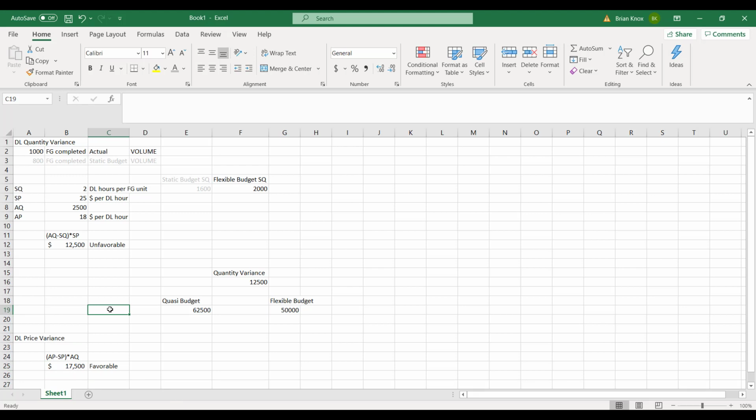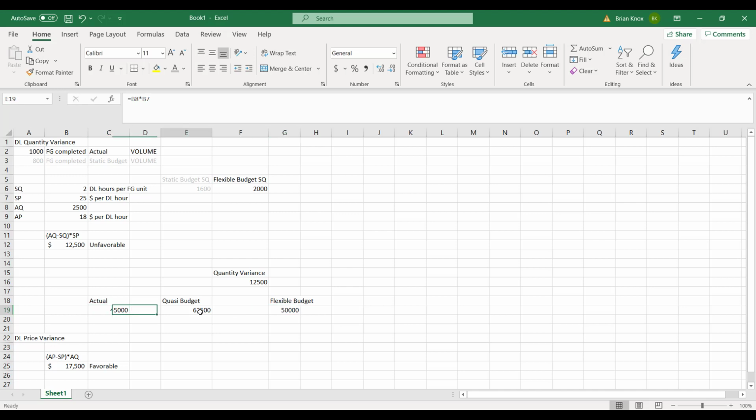We can also, like I was drawing with my cursor there, look at the actual amount. We have an actual price we spent times the actual quantity we consumed. And so overall, we knew from the get-go that we had a $5,000 total budget variance, favorable total budget variance between our flexible budget and our actual budget.